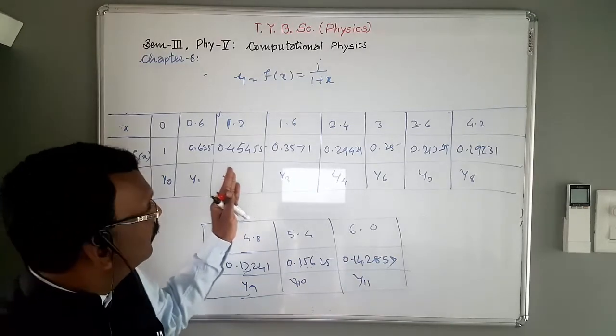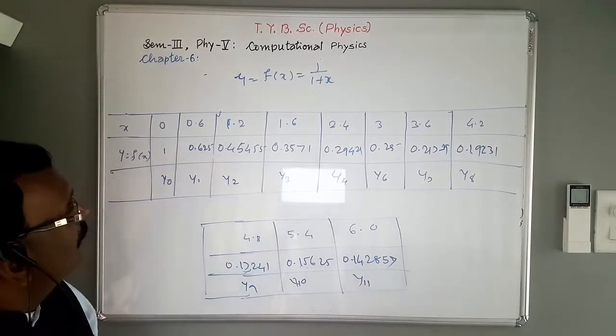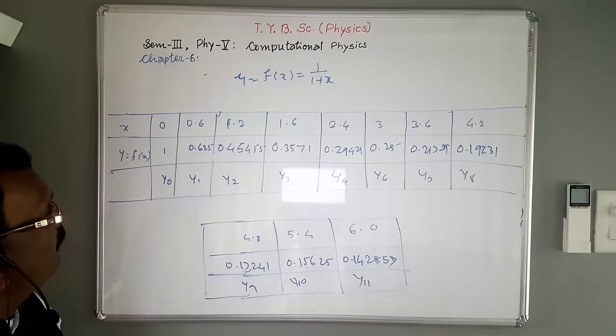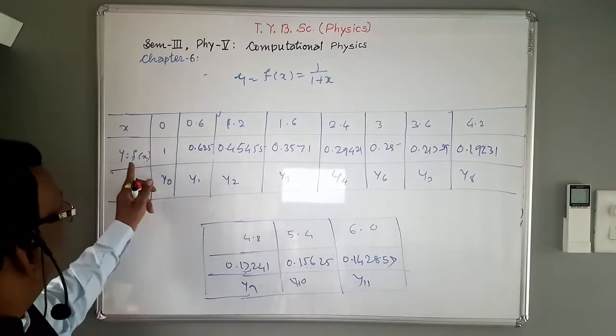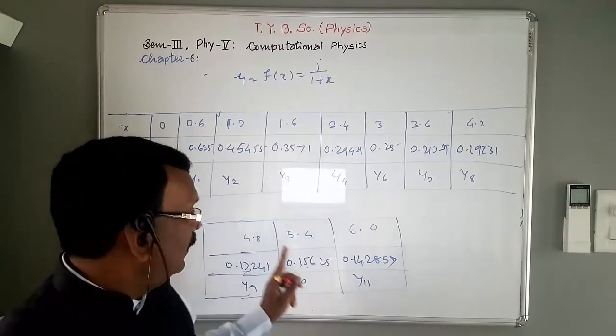If we observe the table, it is found that as the value of x goes on increasing, the function goes on decreasing.